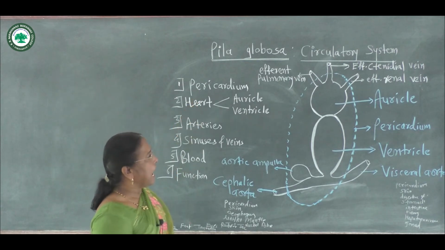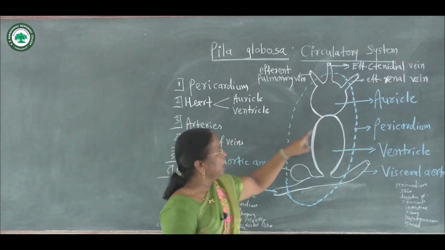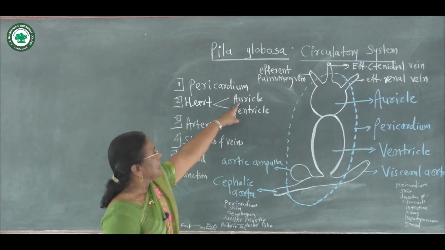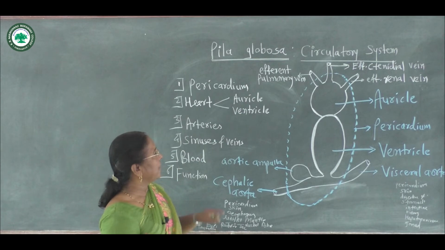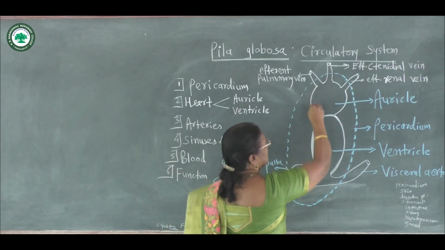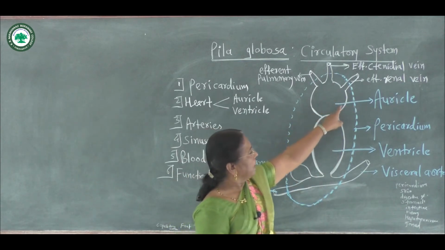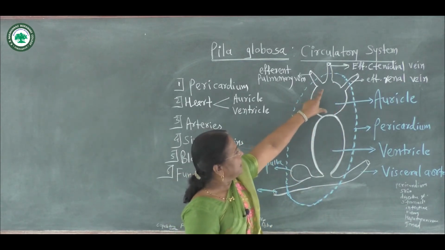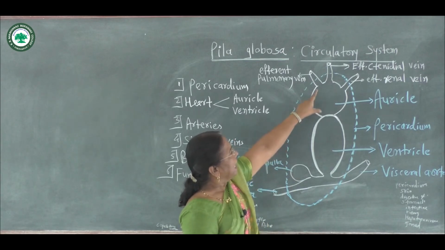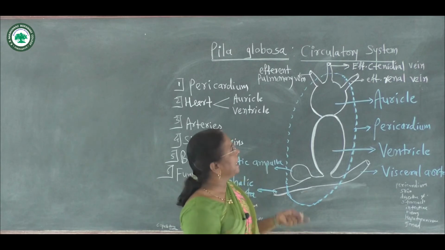Second point is the heart. Heart of Pila has two main chambers, a single auricle and a single ventricle. The auricle is small and thin-walled. This thin-walled auricle is triangular in shape and it is situated dorsal to the kidney.